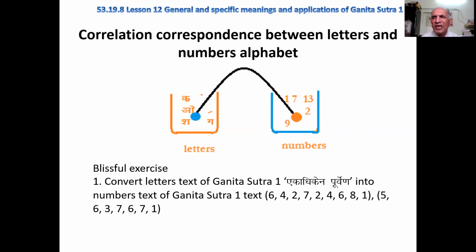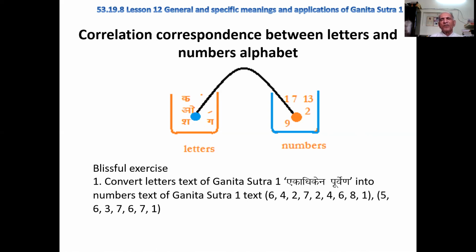Therefore, let us take up one universe, one beaker, as of the letters. The another universe, the another beaker, will be of numbers. So this structural correlation between this pair of universes will lead to the first blissful exercise to have conversion for the latest text of Ganita Sutra 1, Ekadhikain Purvain, into numbers.